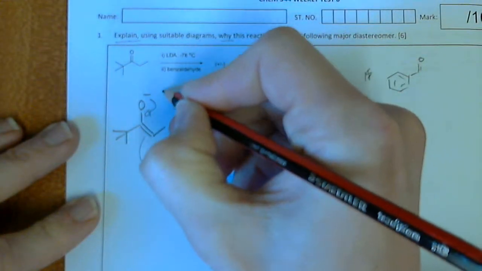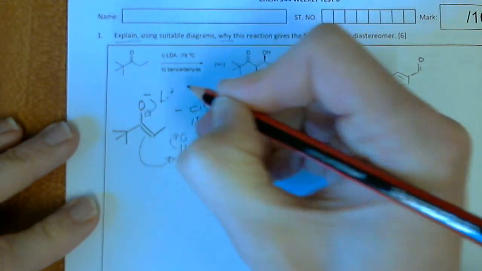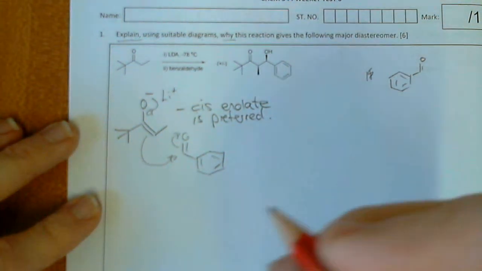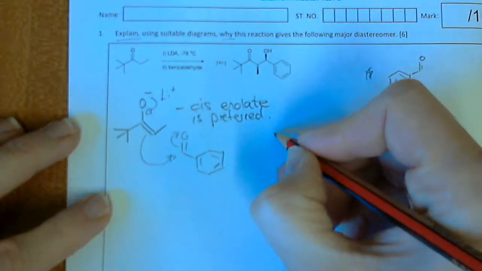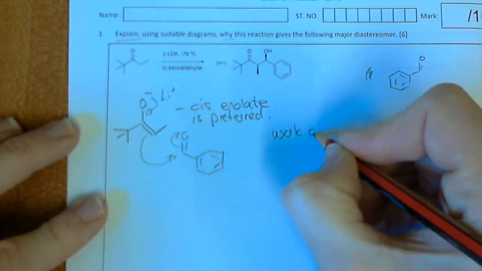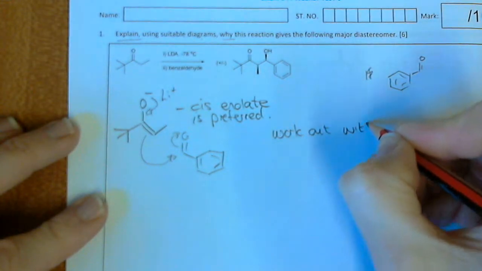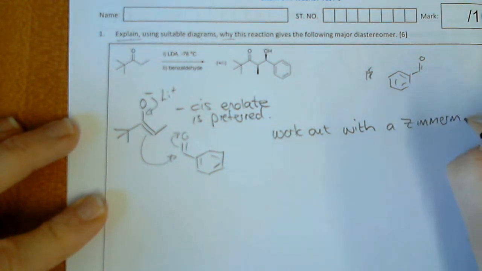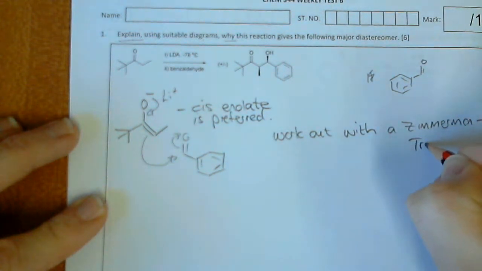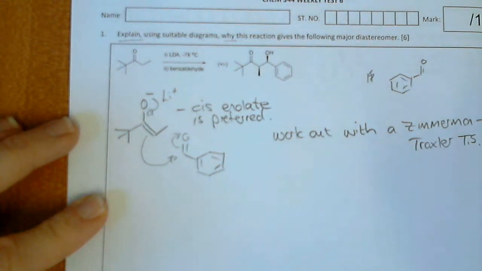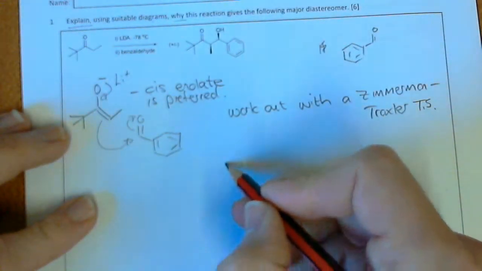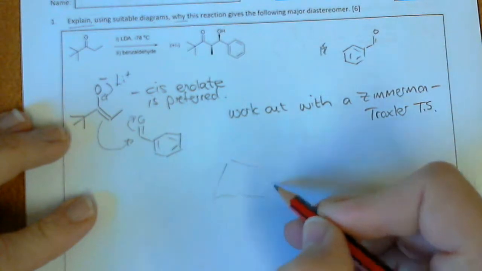The important thing is that the lithium counter ion is taking part in this as a six-membered transition state, and so we work this out with a Zimmermann-Traxler transition state.